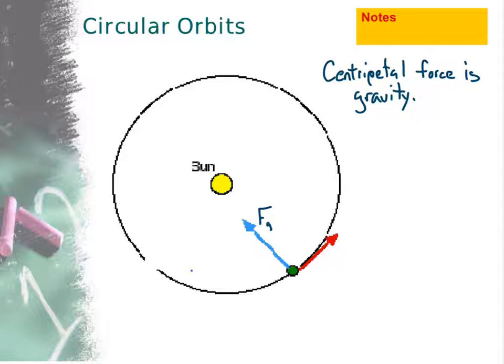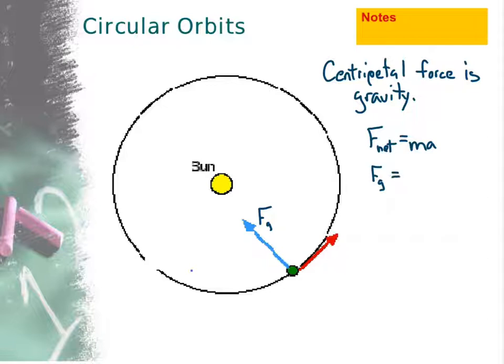If we set up Newton's second law, F net equals mass times acceleration, the net force acting on the Earth is the gravitational attraction of the Sun, so that would be Fg.